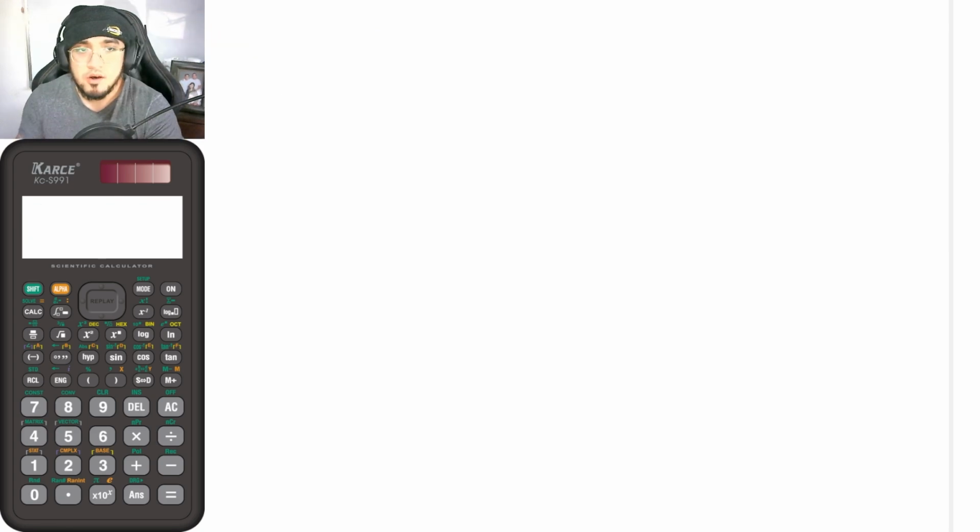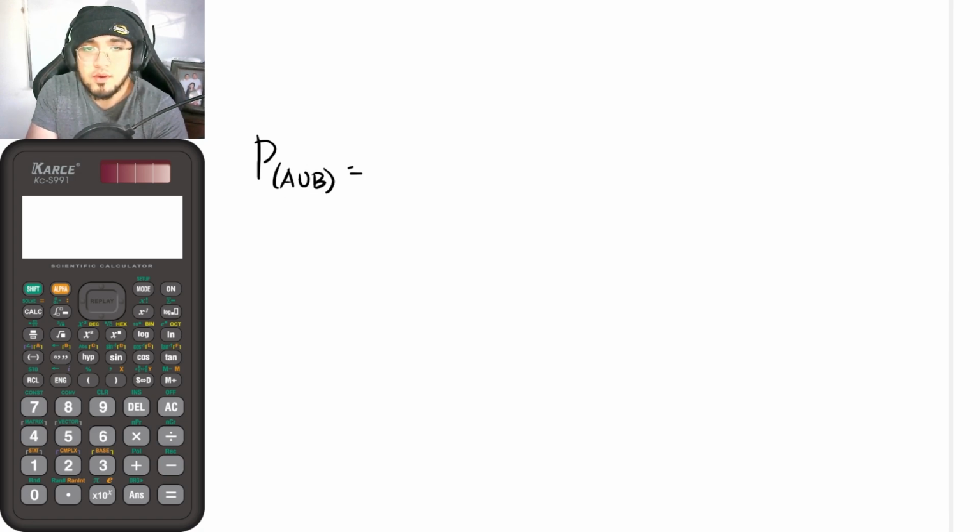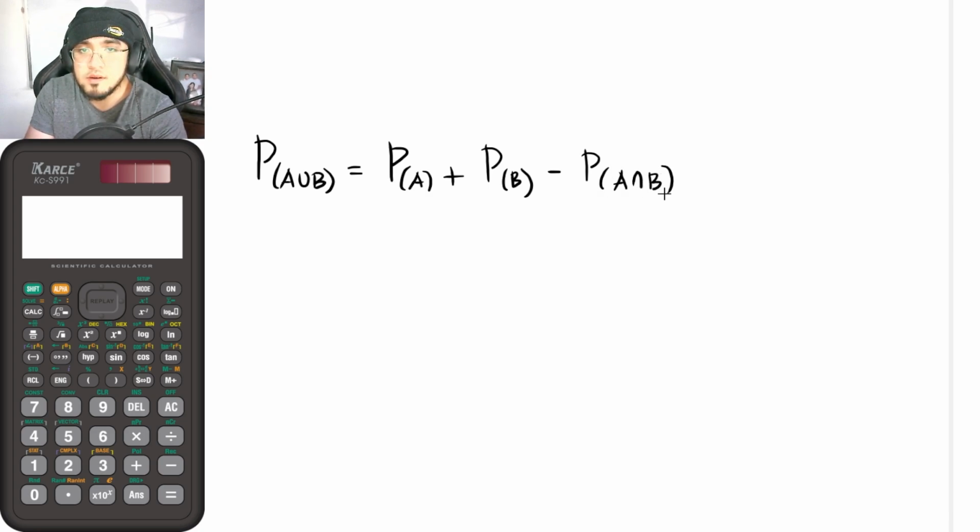Okay, so recap. If you are to solve for the probability of the unity of two sets of events, this is now given by the equation: the probability of one set of events plus the probability of the second set of events minus the probability of their intersection. Okay, so this is now our general formula for the probability of the unity of two sets of events.